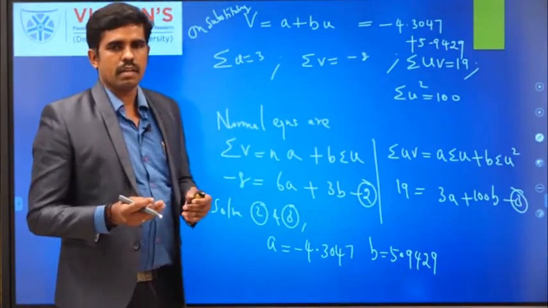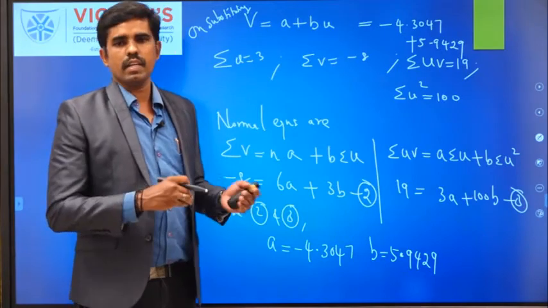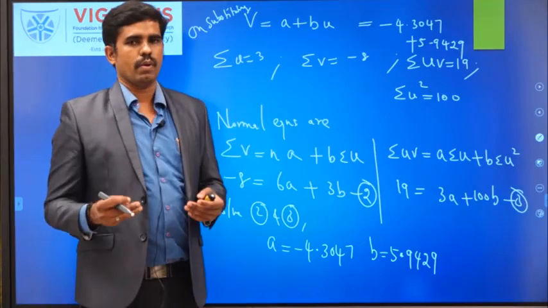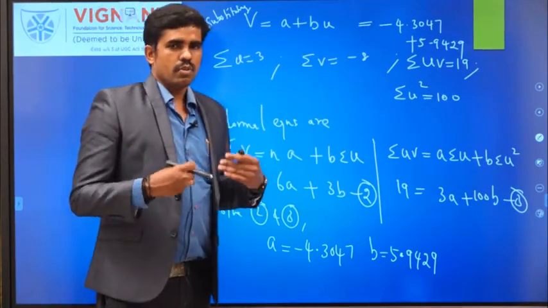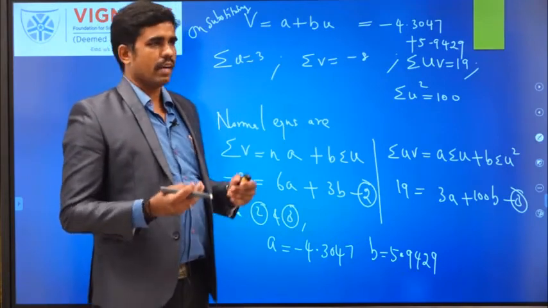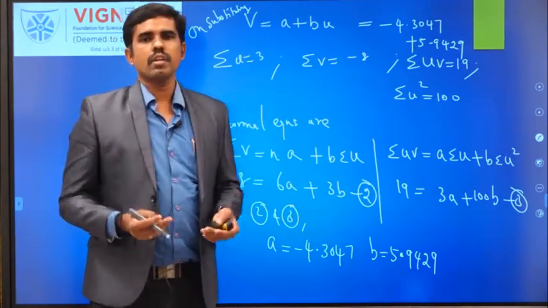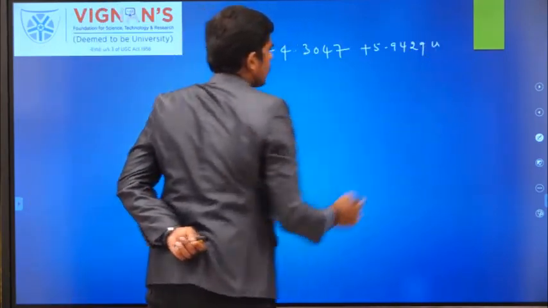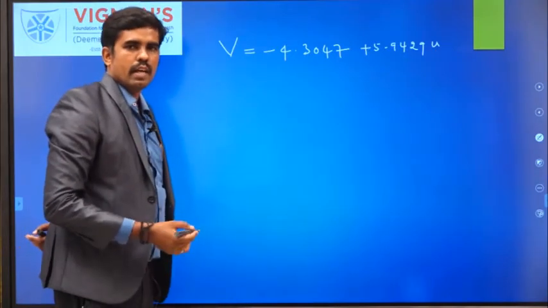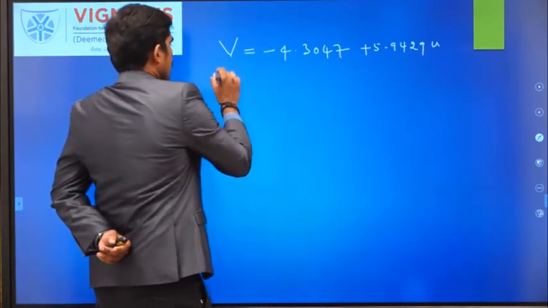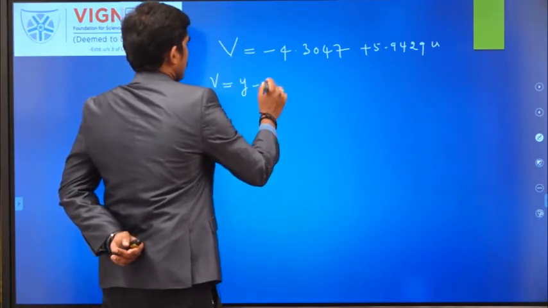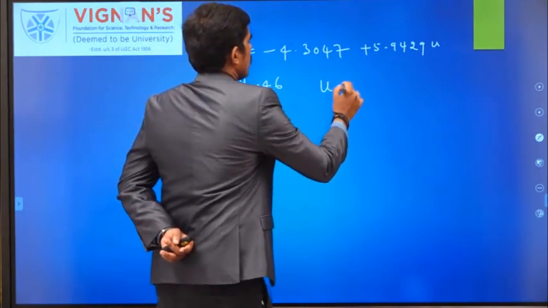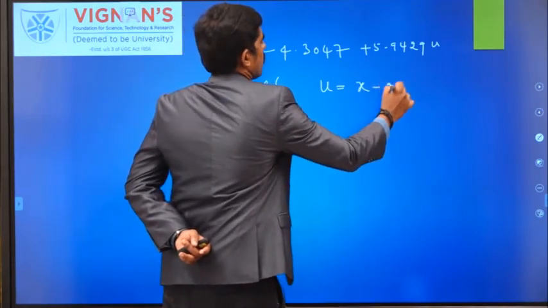Already I am having the relation between u and x, and the relation between v and y. By using those relations, I am going to find the straight line in terms of x and y. Temporarily, to reduce the calculation risk, I have changed the origin and the scale. What is my straight line? v is equal to -4.3047 plus 5.9429u. The relation we have fixed is v is equal to y minus 46, which is there in the table, and u is equal to x minus 2000.